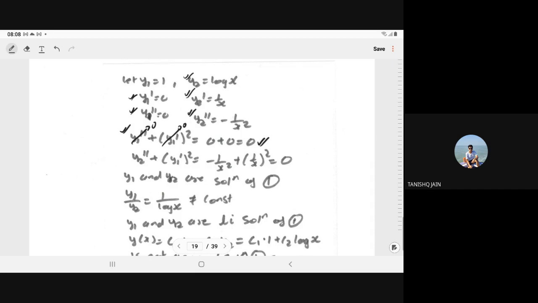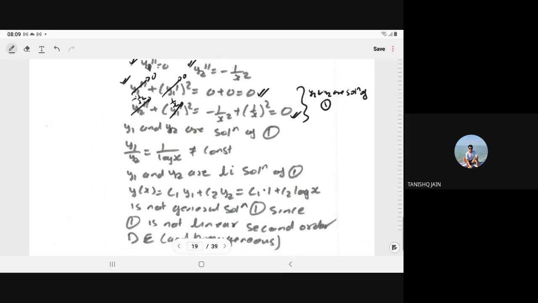Then y2 double dash is minus 1 upon x square, and y2 dash is 1 upon x, so y2 dash square is 1 upon x square. So it will give you minus 1 upon x square plus 1 upon x square, which also gives 0. It means here you can say that y1 and y2 are solutions of the given equation.